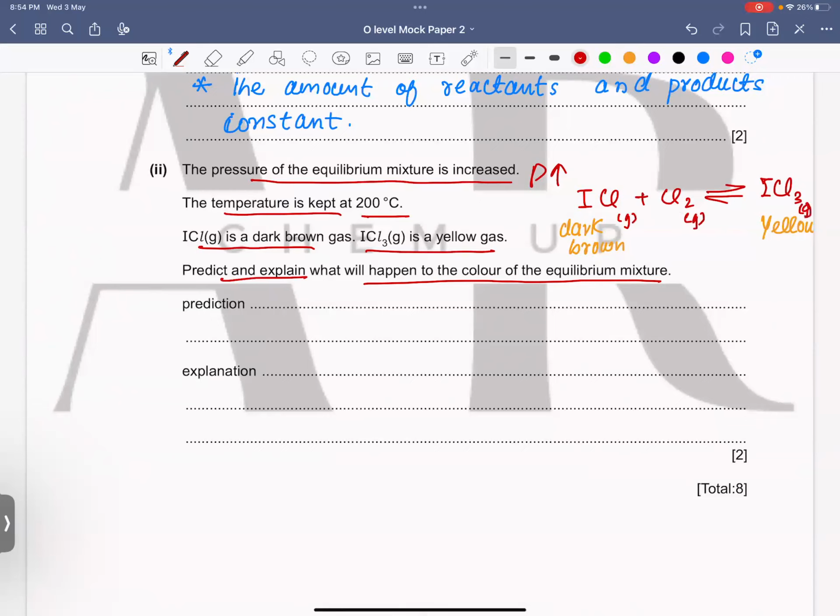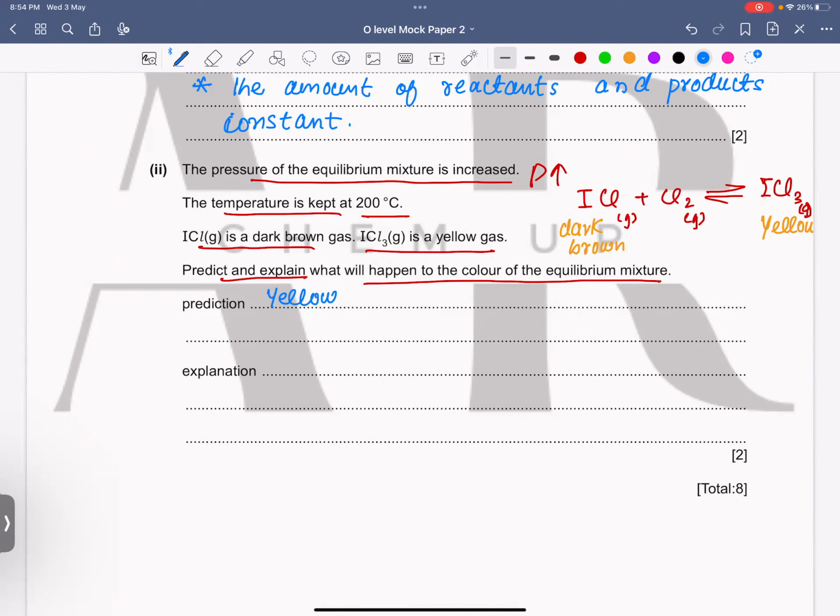If you see, the product side has a smaller number of moles of gases. So equilibrium will shift towards the right. And if equilibrium is shifting towards the right, then when the equilibrium re-establishes, there are more moles of ICl3. So if there is more ICl3, then what will be the color of the container? The color will be yellow.